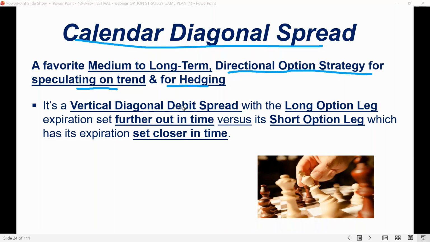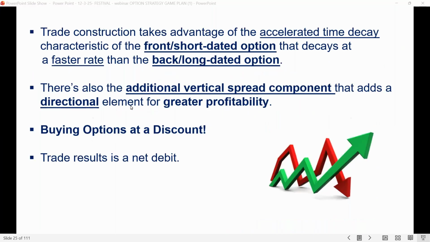Basically, it's a vertical diagonal debit spread where the long leg is further out in time, and the short leg is closer in, because that short leg is going to have a faster theta decay. So you can really take advantage of the accelerated theta decay from that shorter duration option. Great strategy. We use these for trading. I'll show you a couple of examples in a minute.